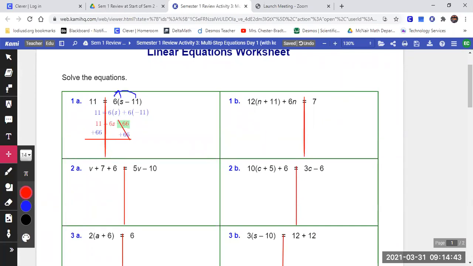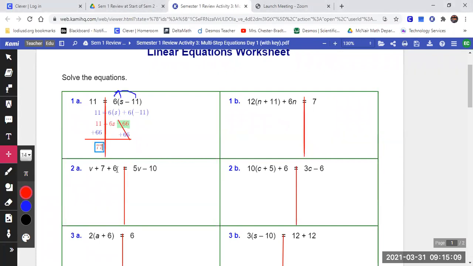All right, so I need to do the math now. What's the left side going to become? 77, exactly.